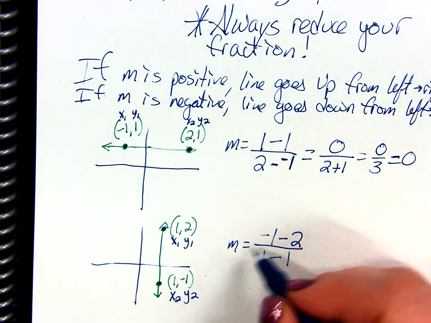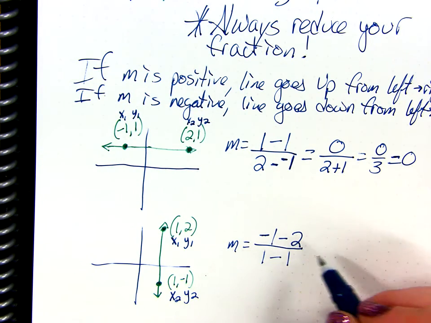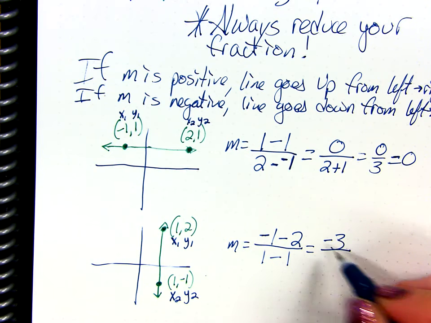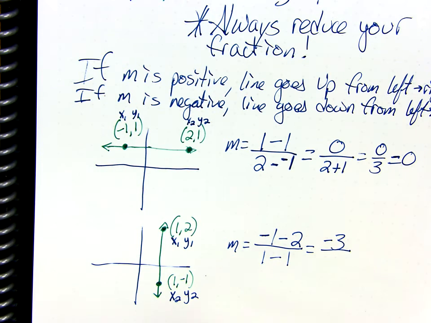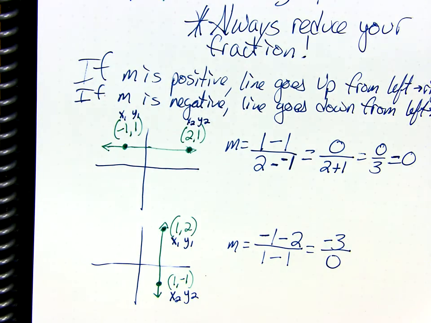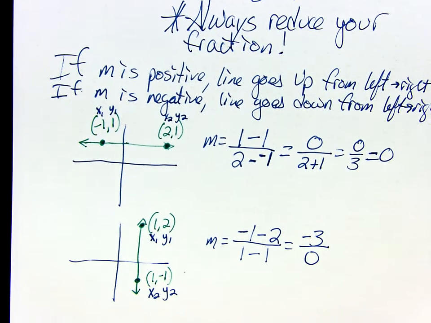Okay, so what's my numerator going to be? If I have -1 minus 2, what'd you say? -3 is correct. Does everybody agree? Right? -1 minus 2, I got -3. And then in my denominator, 1 minus 1, of course, is 0. So what's -3 divided by 0?